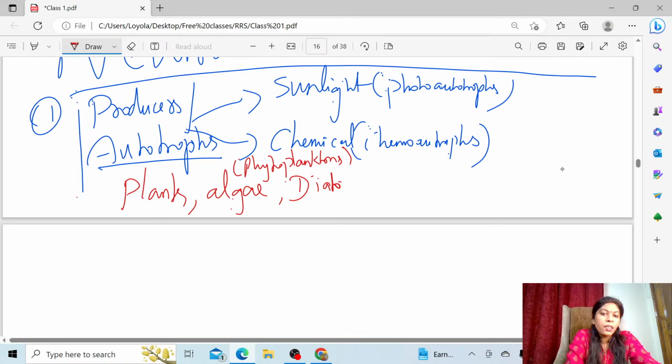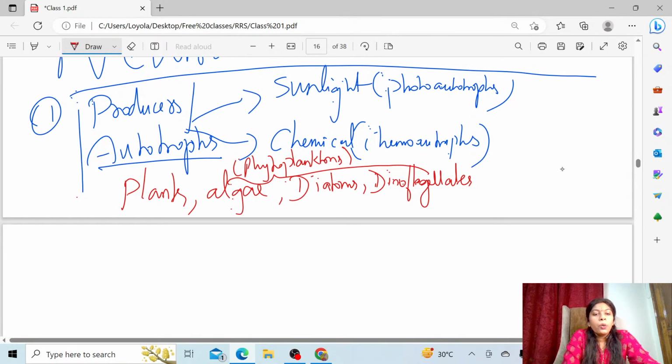Diatoms, dinoflagellates. These are a different kingdom, not plant kingdom. They are protists. Algae comes under plant kingdom only. So plants, algae, diatoms, dinoflagellates. Algae, diatoms and dinoflagellates are totally called phytoplanktons. Even bacteria, blue-green algae, that is cyanobacteria. Bacteria can be a producer. So in this way we can say except animals, all these can act as producers.